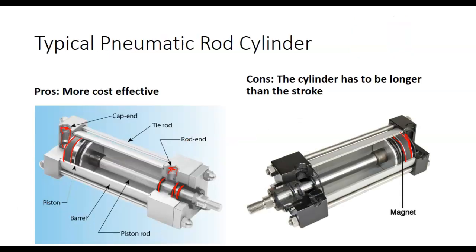Now, what's nice about rodless cylinders over rodded cylinders is that the stroke is limited on rodded ones. You can't have a real long stroke on a rod sticking out, right? You understand that? Even your arm, you can hold your arm out for a while.